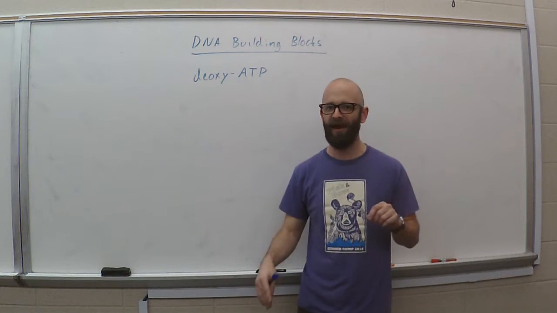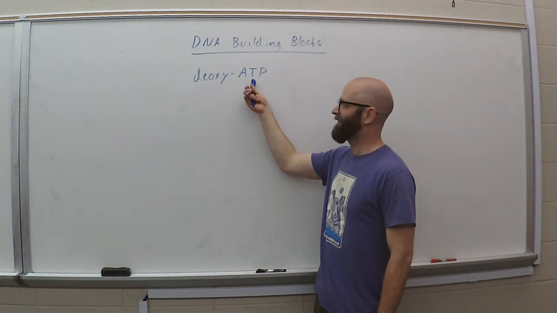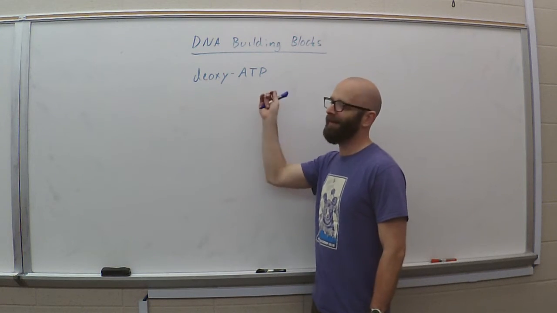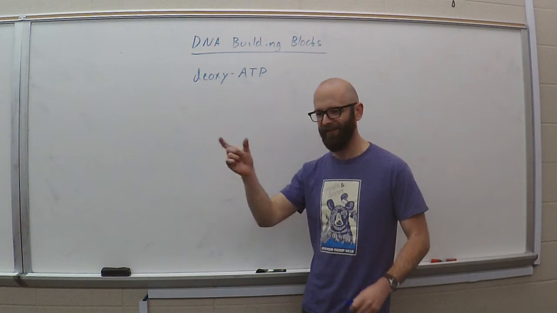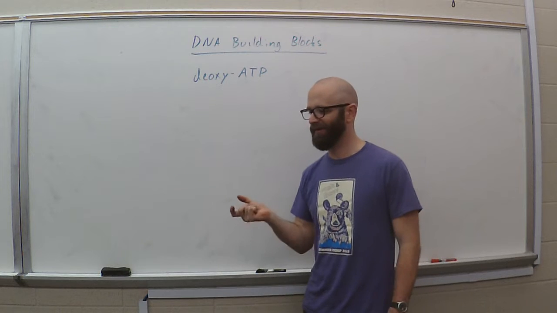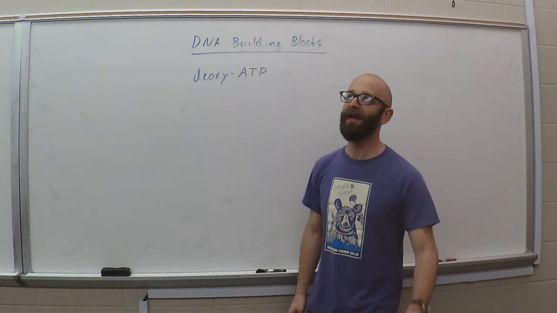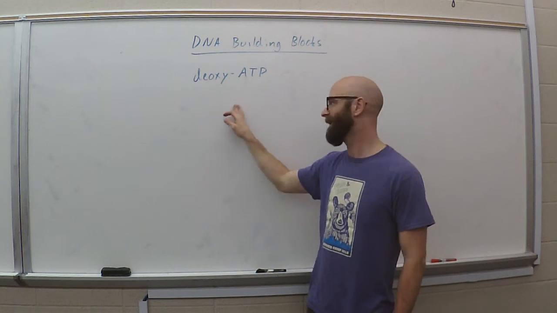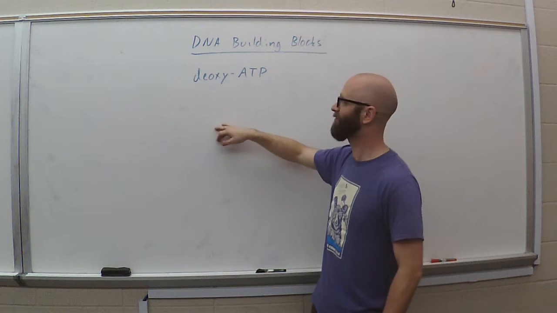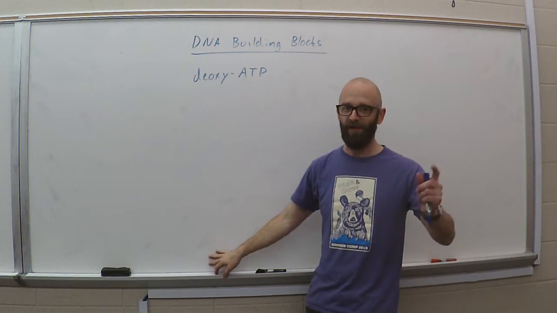ATP is an RNA nucleotide. The only difference between ATP and deoxy ATP is one little hydroxyl group. It's the difference between RNA and DNA. So if you're making DNA, then the building block is deoxy ATP, and there's just as much energy stored in deoxy ATP as there is in regular ATP.